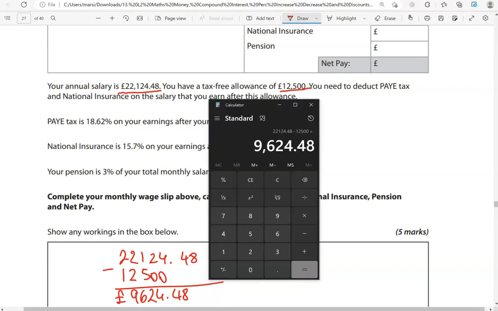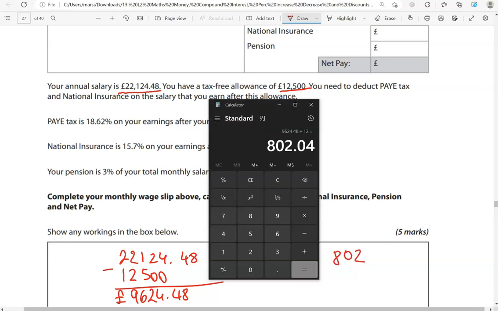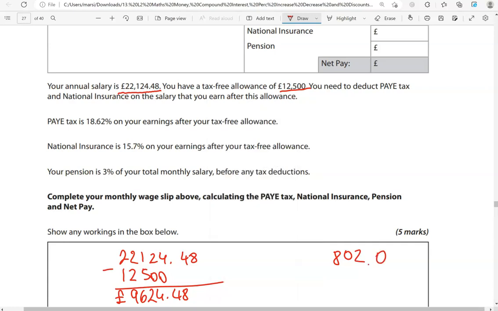If we divide this by 12, it should give us taxable income per month. So that is £802 and 4 pence.